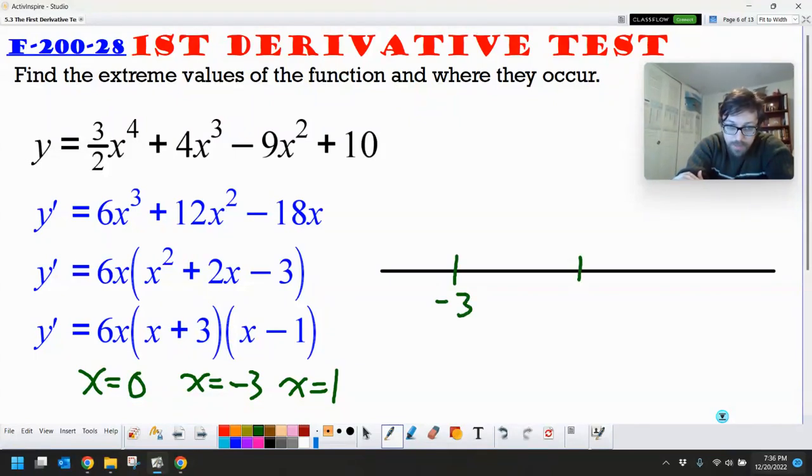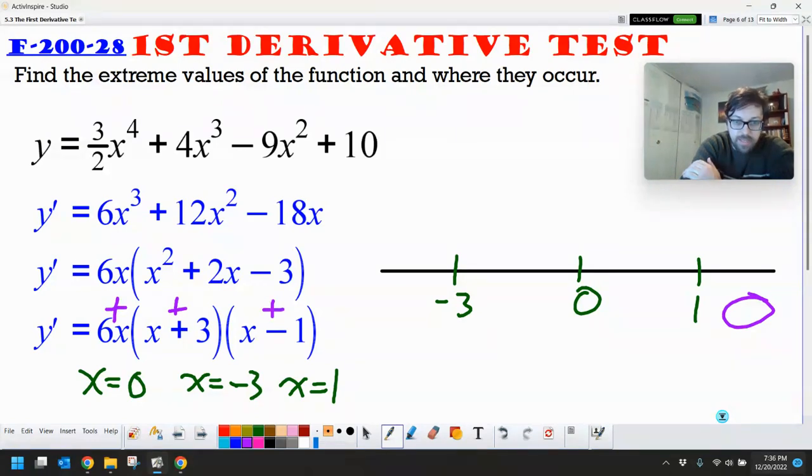I'm going to map them out on this number line, space them as I please, and see what is happening to our derivative. If we try a really large value, this will definitely be positive, and this will be positive, and this will be positive. So this area over here will be positive for the first derivative.